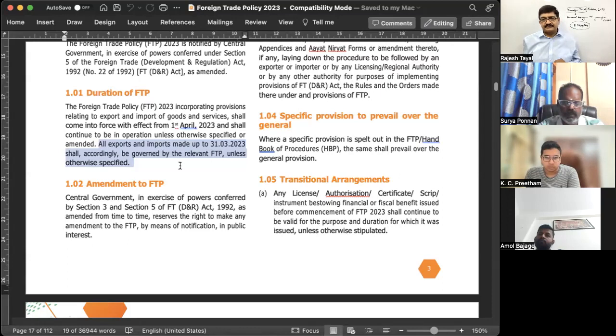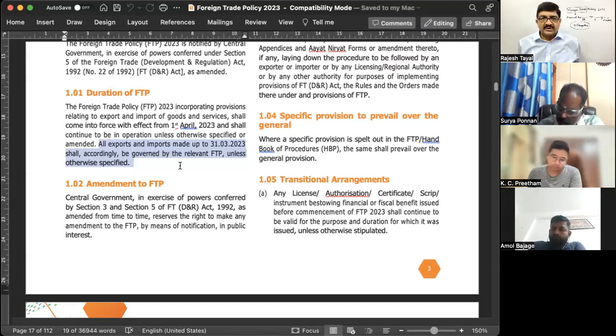So write 2 points in the notebook. Number 1, the new foreign trade policy is effective from 1st April 2023. Number 2, unless otherwise specified, there is no retrospective effect.